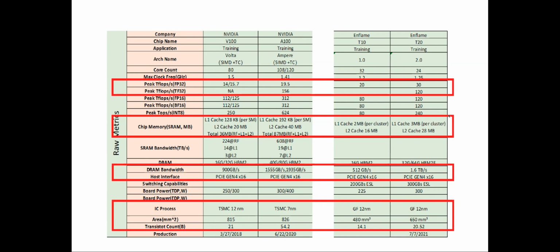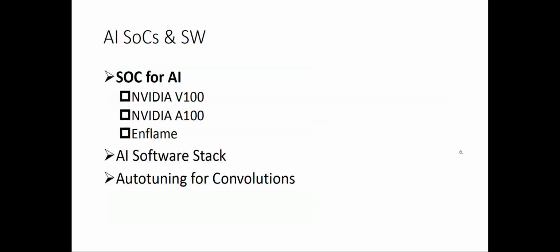So the question is, after these 2 years of experience in bringing up this AI ASIC, what can I share with the AI research community? That's something I want to share in today's tutorial: how we build this AI SoC from a hardware and software co-design view.